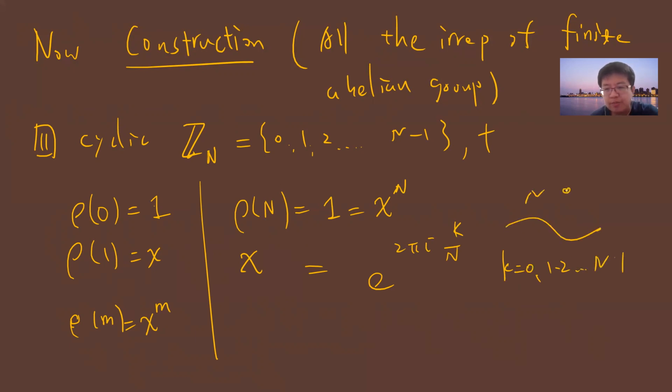So there are n of them. But we already proved that you should have n irreducible representations, so each k corresponds exactly one-to-one to an irreducible representation.